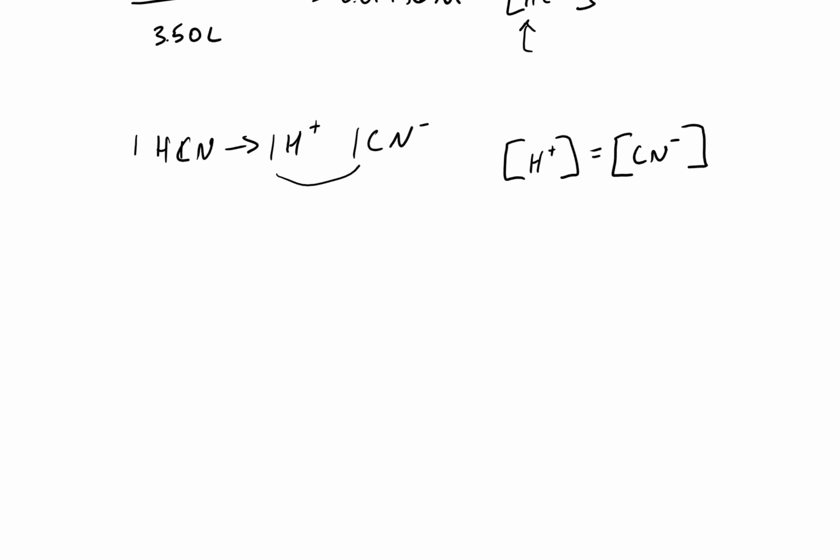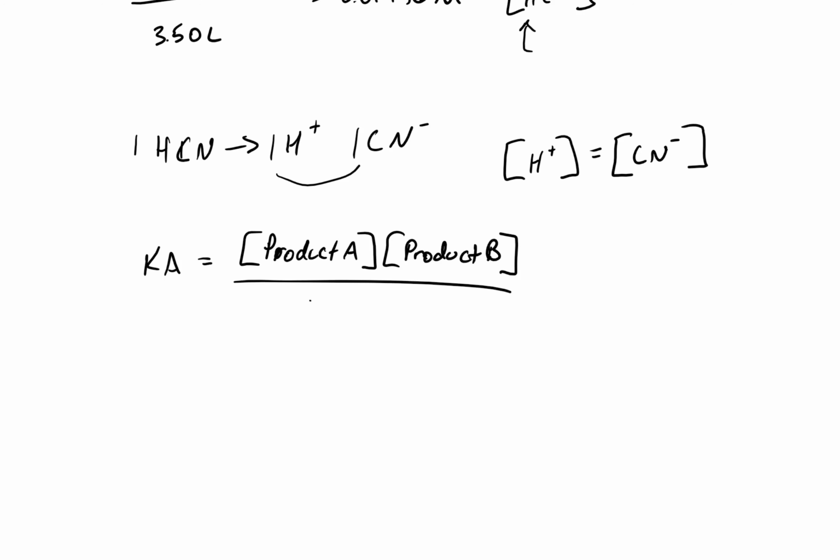So this is where that tricky part I brought up earlier comes in, and we're going to start out by saying that Ka is equal to the concentration of our products times each other, divided by the concentration of reactants.